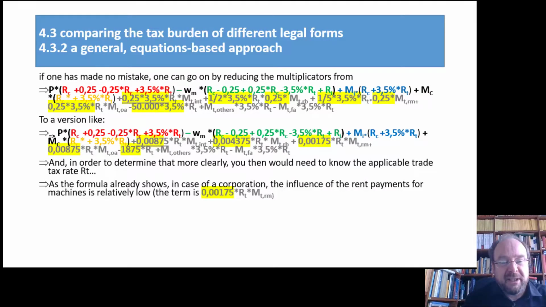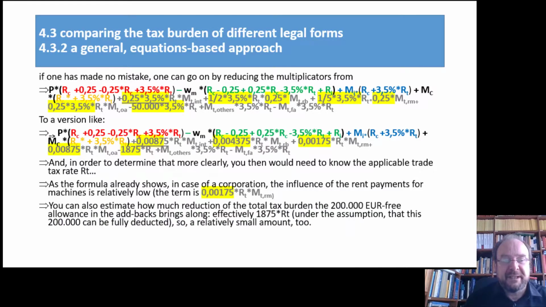Okay. You can also, for example, evaluate the effect of that free allowance of 200,000 euro, which you get deducted from the add backs, because it's just effectively, if my transformations of all the equations were correct, one never knows, then that would lead just to effectively a kind of a reduction of the total tax of 1,875 times the city multiplier.